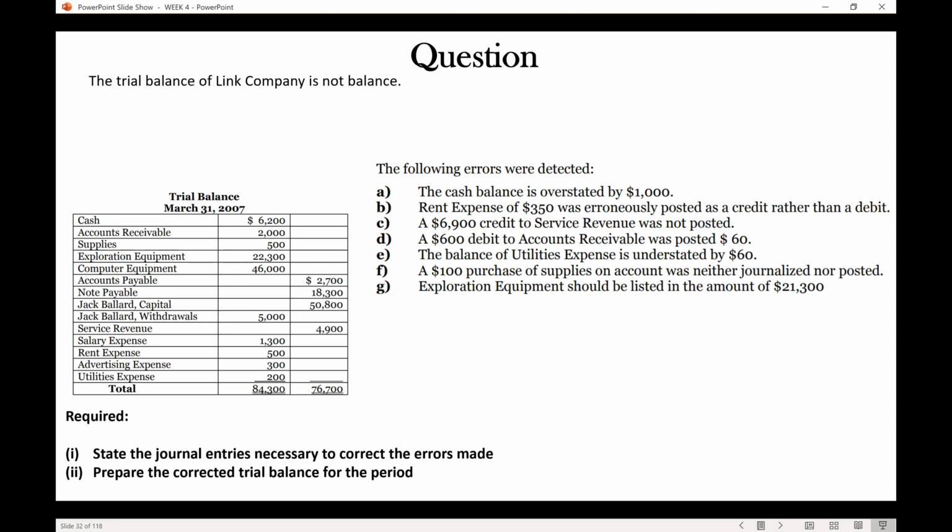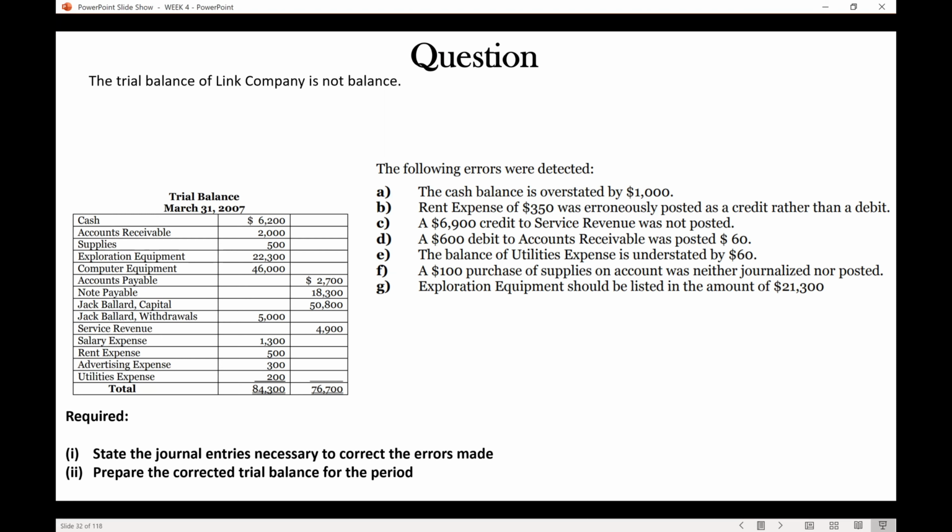The next one we're looking at, the $6,900 to service revenue, that part was not posted. So in all these errors that we'd have done before, a part of it would have been done correctly. Hence why we would have used suspense. However, in the case of F, the purchase of supplies on account, nothing was done to it. It was neither journalized nor posted. So no part of the transaction was done.